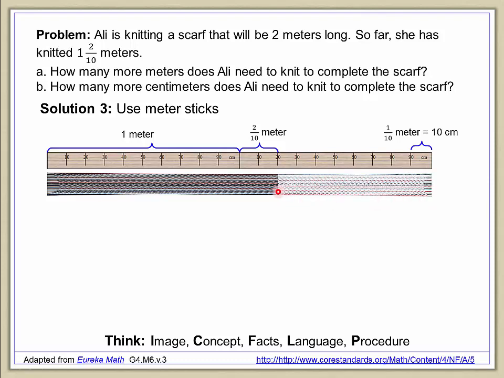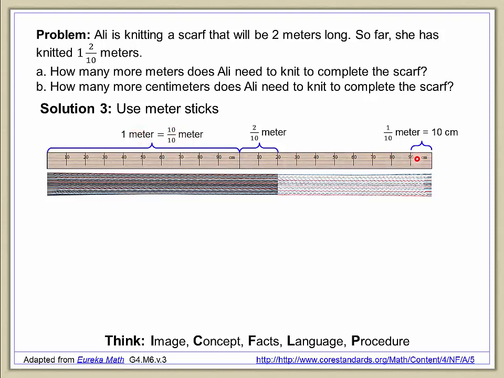And this is a subtraction problem because we know we need to get to a total and we have part of it, and so we need to subtract how much we've already done to get how much is left to do. Now in this particular case, we want to work in tenths, and so we know that this meter is incomplete, and it will help us to recognize that 1 meter is 10/10 of a meter.